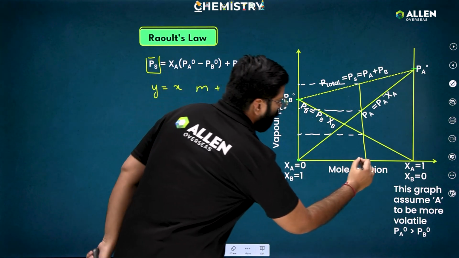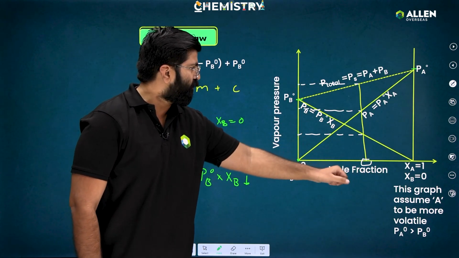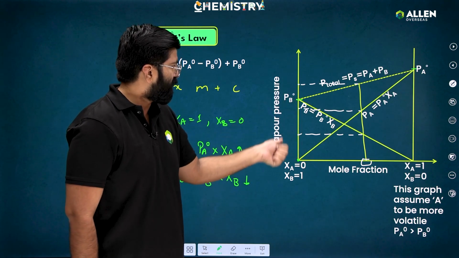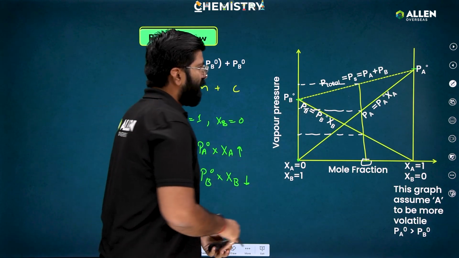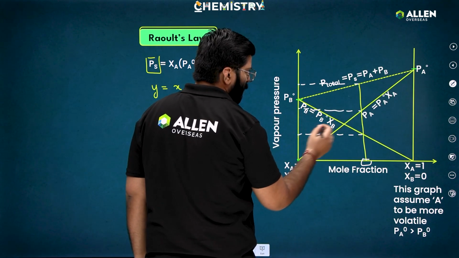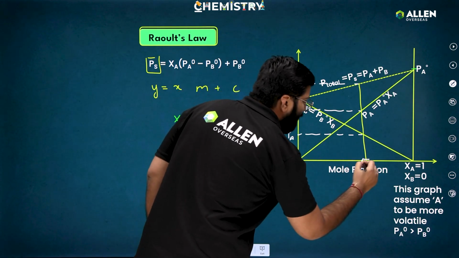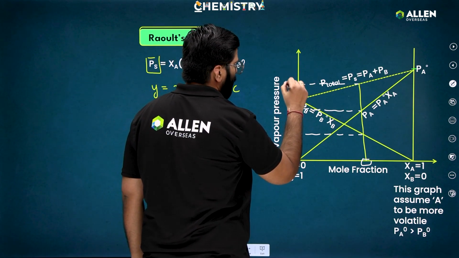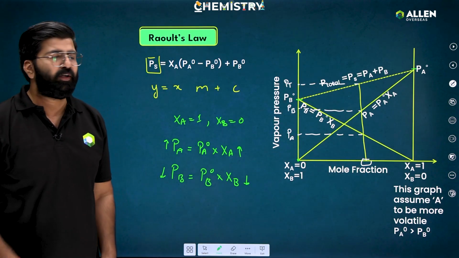So at a certain mole fraction, I can see what will be the partial pressure of your liquid B, because this is the vapor pressure of your liquid B. So this is for your A, this is for your B. Over here I can say this will be for my A, this will be for my B at this given mole fraction, and what will be my total pressure over here, P total. I can find this with this graph. That's why it was important to understand this.